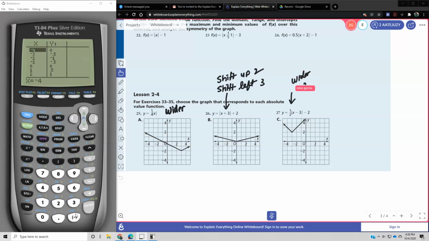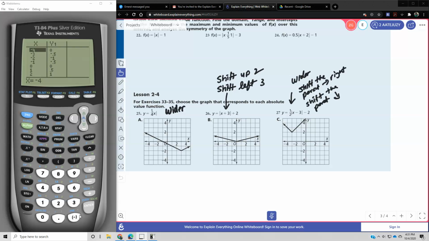The -3 is going to shift the parent function to the right, and the -2 is going to shift the parent function down.